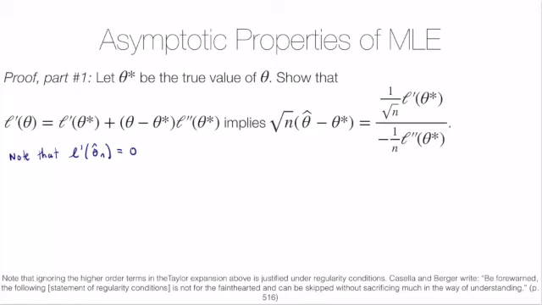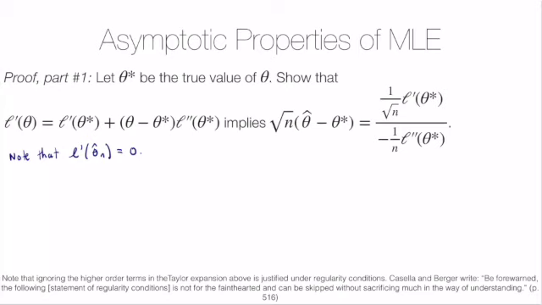That's by definition, basically. In these problems under regularity conditions, we find the maximum likelihood estimator by taking the derivative of the log likelihood, setting that equal to 0 and solving. What we solve for is the MLE. So by construction, this is true.